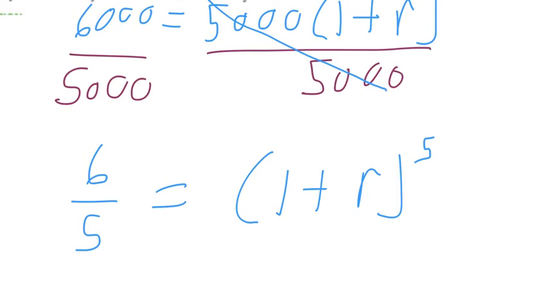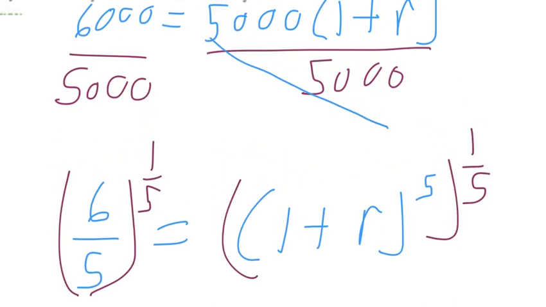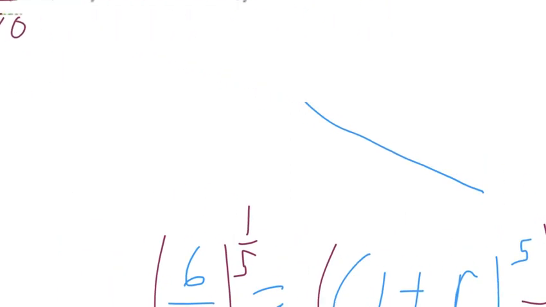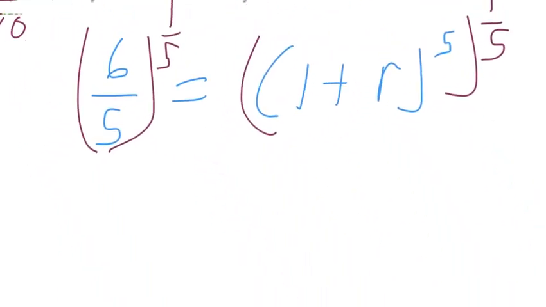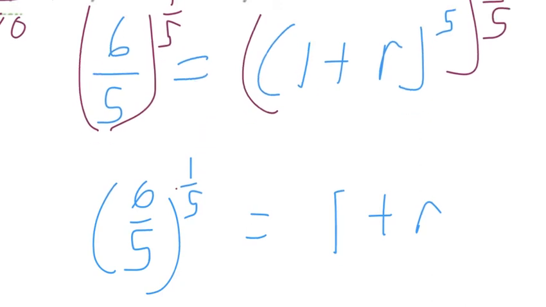So to do that, we need to raise both sides to a power of 1/5. So that tells us we have 6/5 raised to a power of 1/5 equals 1 plus the interest rate, because the 5 and the 1/5 undo each other.